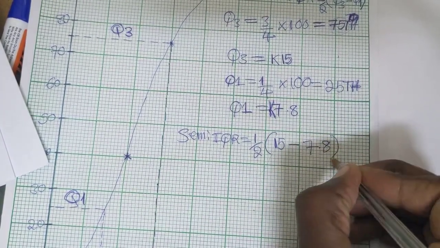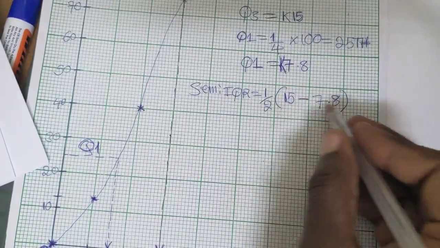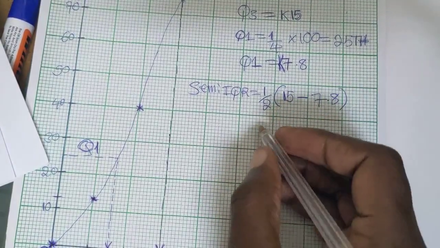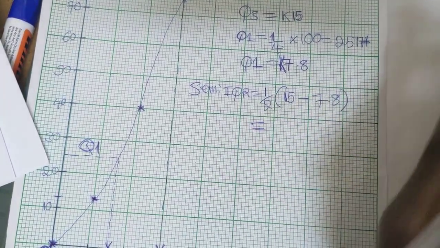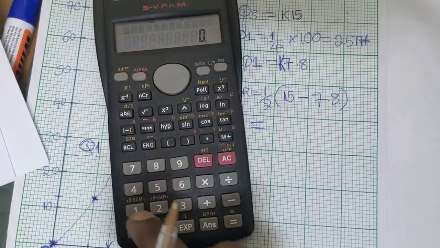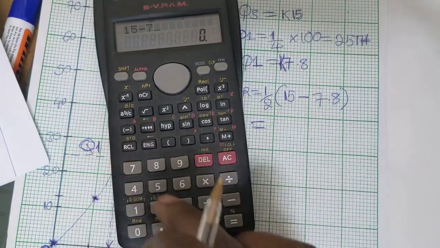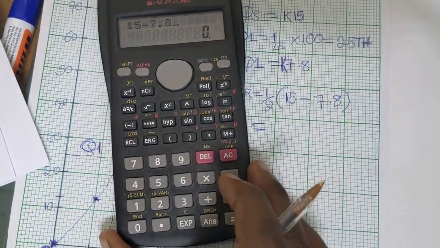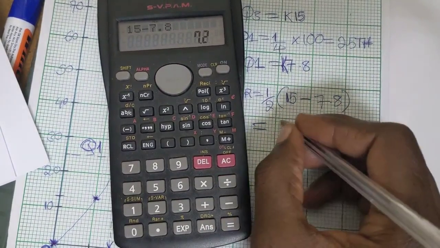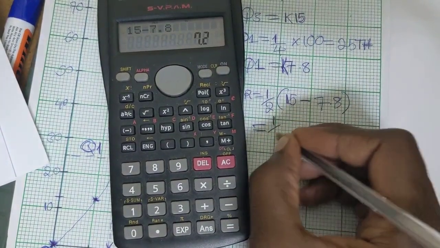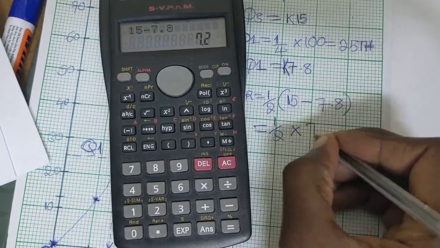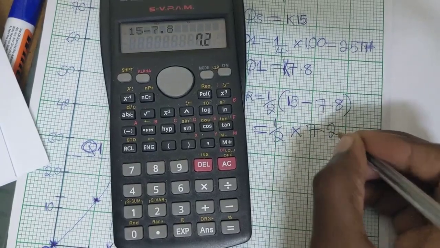Start with the one in the bracket. So 15 minus 7.8 is 7.2, meaning it is half times 7.2.